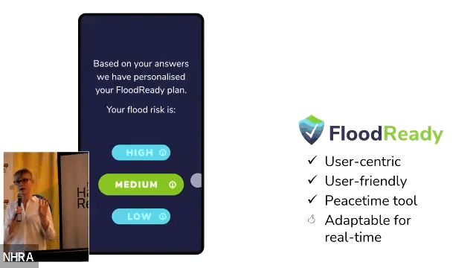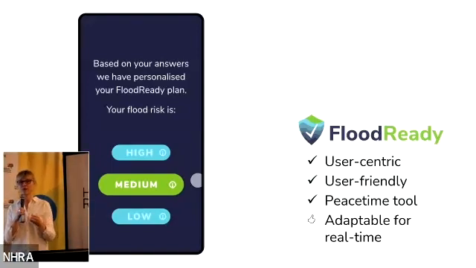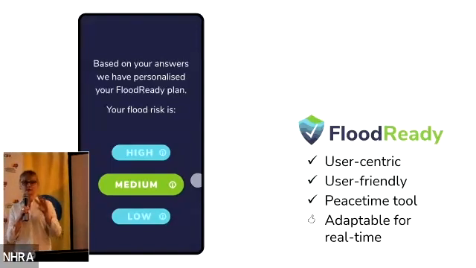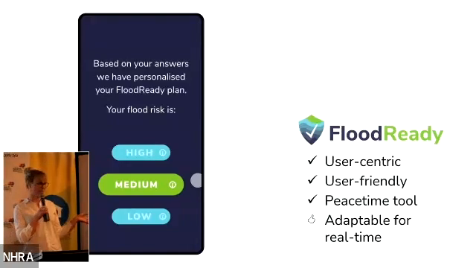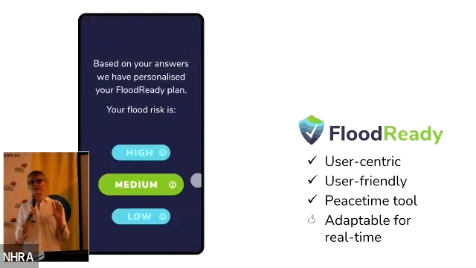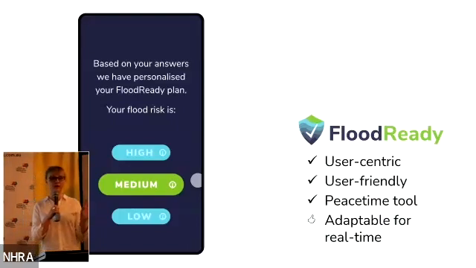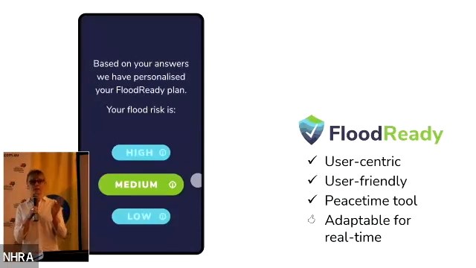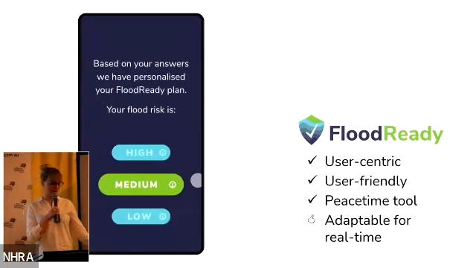So once they've answered the questions, the app does some magic behind the scenes, and Catherine's going to talk about that in a minute. But essentially, it takes all that data and combines it, using an established scientific framework, with data that we already know affects people's ability to respond to floods, and it gives them an indication of how flood ready they need to be.